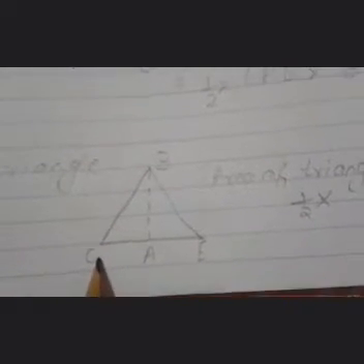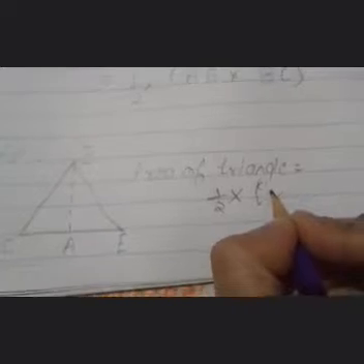So we will name it as BA. Now you can see the height. You can see the base, that is CE. Now you can say half into base, that is CE, into height, that is BA. So got this formula? Half into CE into BA. This is the area of a triangle.